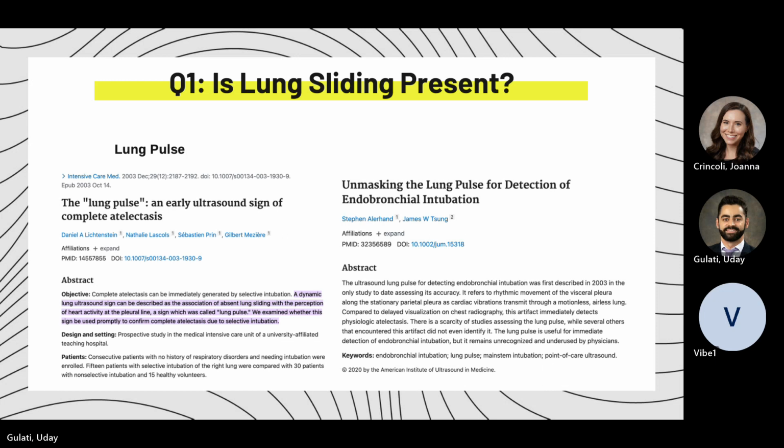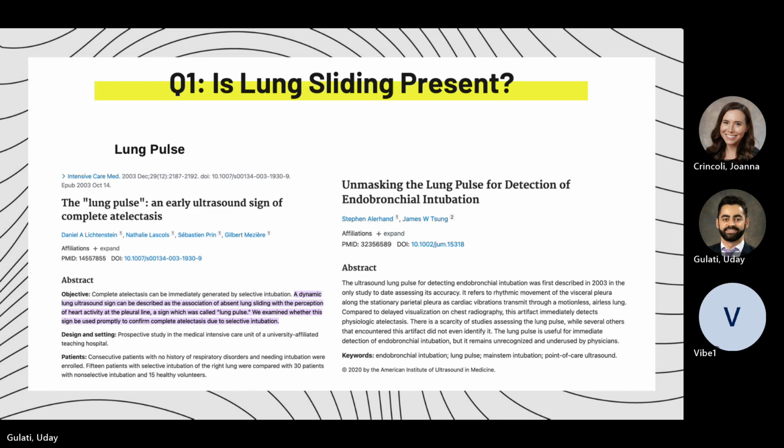There are a few papers showing that when you find that lung pulse, specifically at the left lower blue point, visualized cardiac pulsations under a region where you do not have lung sliding is classic for atelectasis. That should make sense, because your visceral and parietal pleura are still connected together, so you can see things underneath. There's no big gap of air like a pneumothorax blocking the cardiac pulsations underneath. And you'll see those with respiratory variations as well.